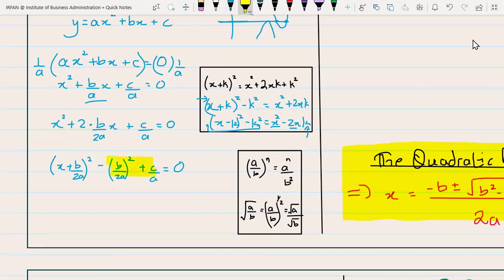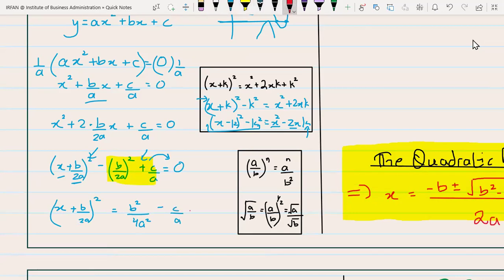This highlighted term is all a constant. Now we will simplify this and take this constant term to the other side in order to make room for our x to become independent of any other elements and operations, right? So we can just take this to the right hand side so that this becomes x plus b upon 2a whole squared is equal to b squared upon 4a squared minus c upon a.